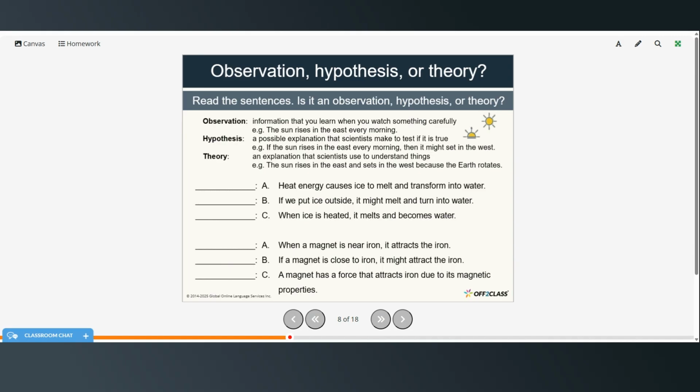So if the sun rises in the east every morning, then it might set in the west. And then a theory is an explanation that scientists use to understand things. The sun rises in the east and sets in the west because the earth rotates. So go ahead and try each of these to determine if it's an observation or a hypothesis or a theory.